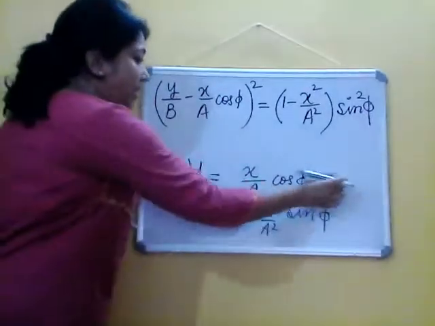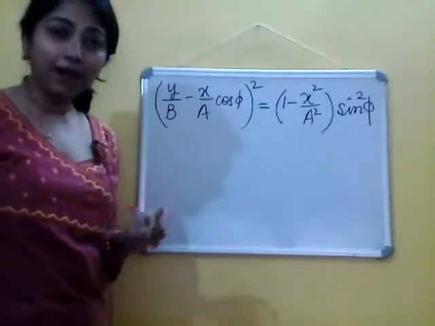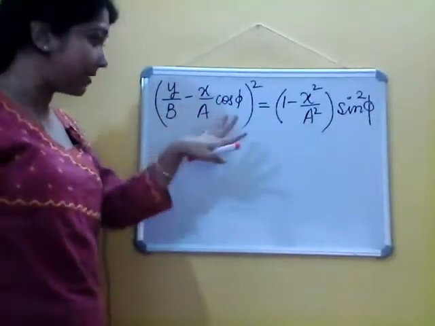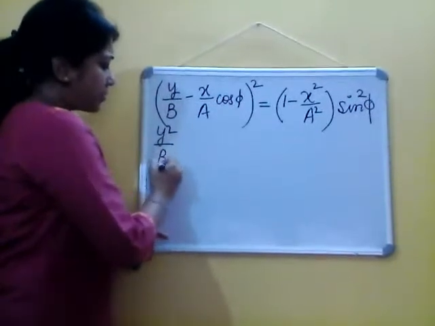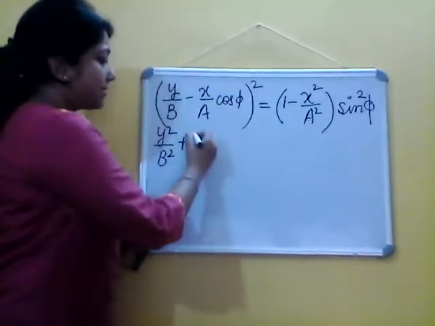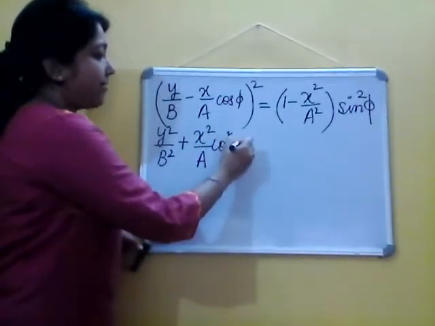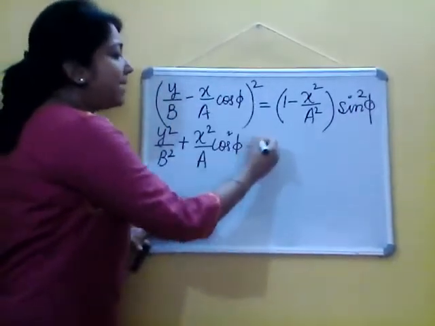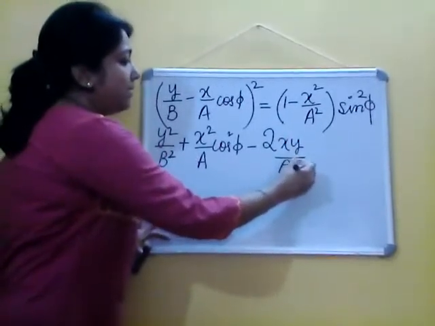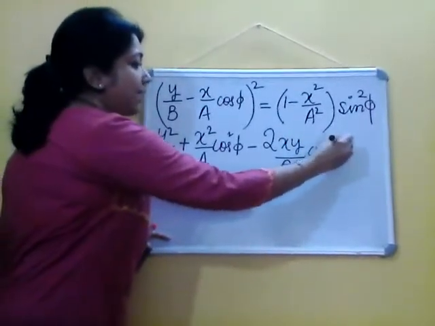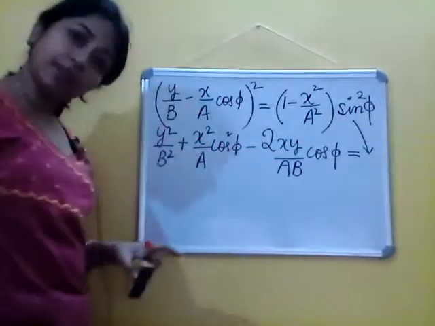So let us just write the left hand side. Let us see what is there in the left hand side. Is it not y square by b square plus x square by a square cos square phi minus 2xy by ab cos phi, equal to the right hand side? Correct?